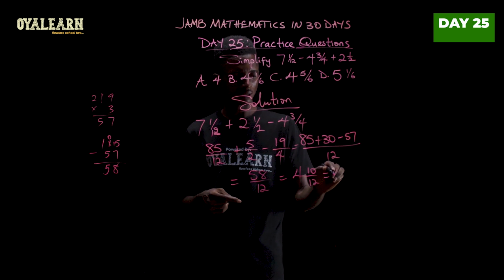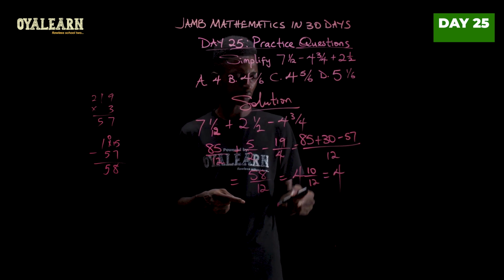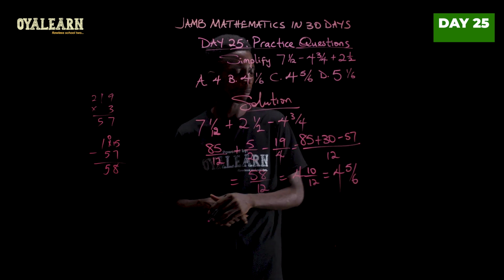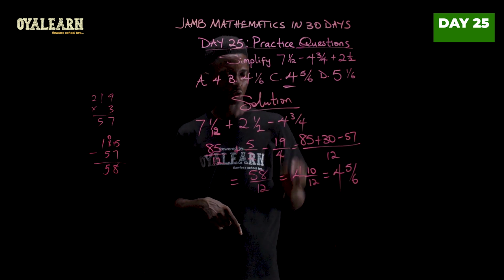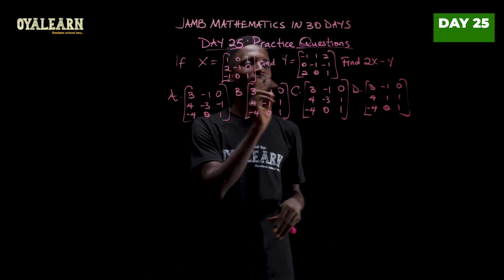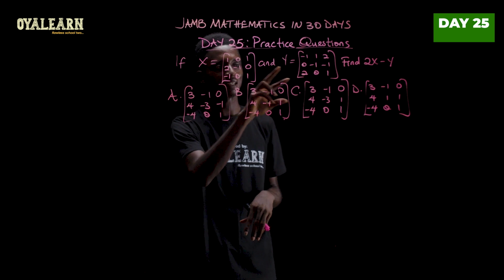This can then be simplified, dividing by 2: 5 over 6. So 4 whole number 5 over 6. So option C.